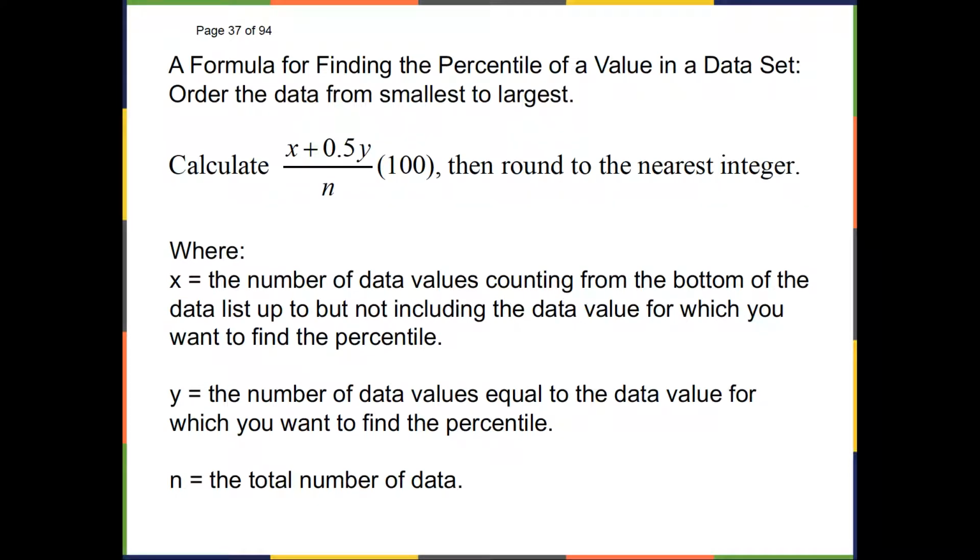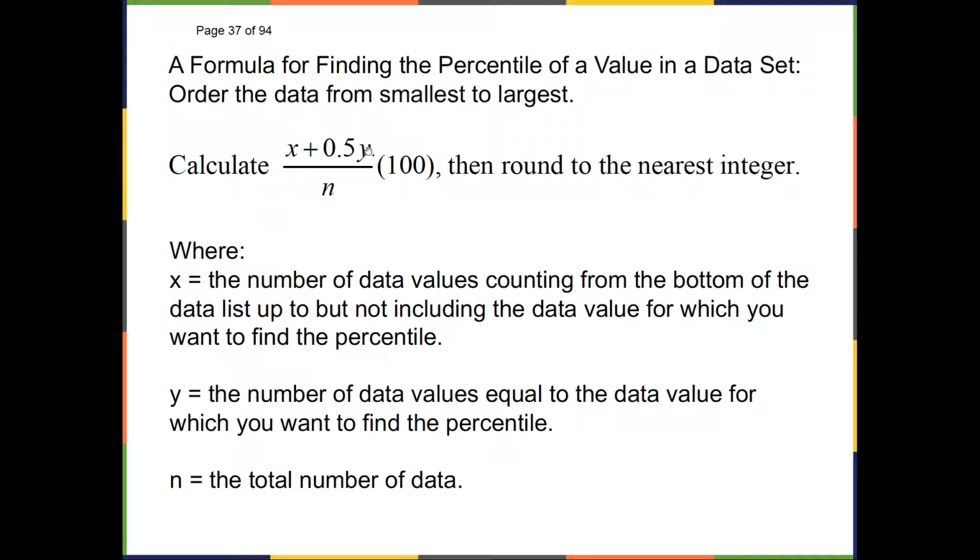Now, what if I wanted to know what the percentile was of that value that was in a data set? Then I would use this equation, and this is going to find that integer, where x now is going to be the number of the data values counting at the bottom of the list, counting up, but not counting the data point that you're actually looking at.